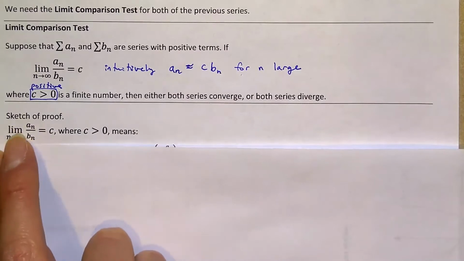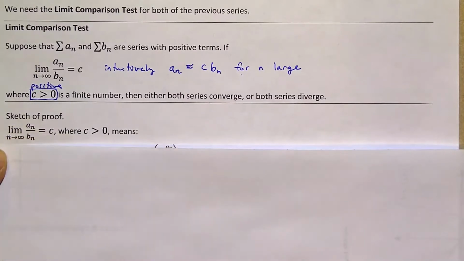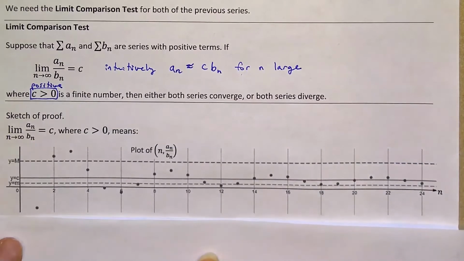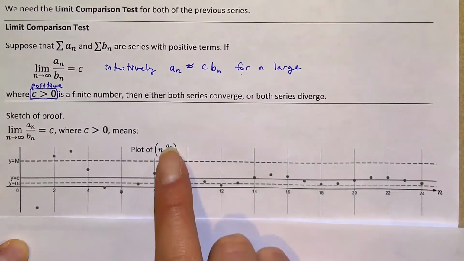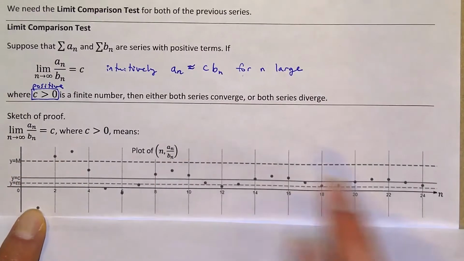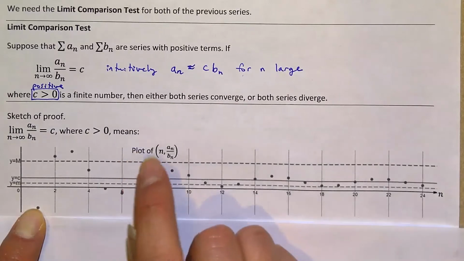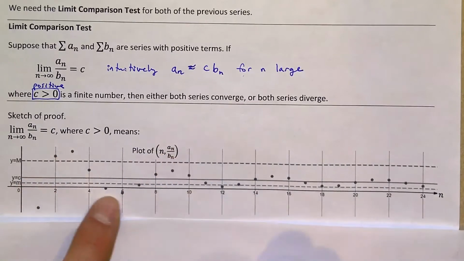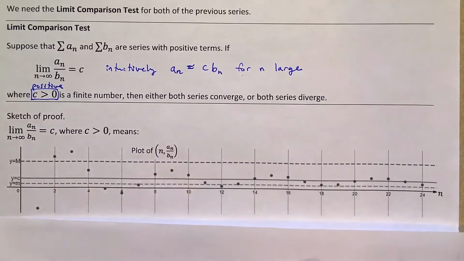Our limit being equal to c visually is going to mean this. So here we have our terms an over bn plotted on the y-axis. So if I plug in n equals 1, n is on the x-axis, then I get out an an over bn ratio. Every time I plug in an n, I get an an over bn ratio.